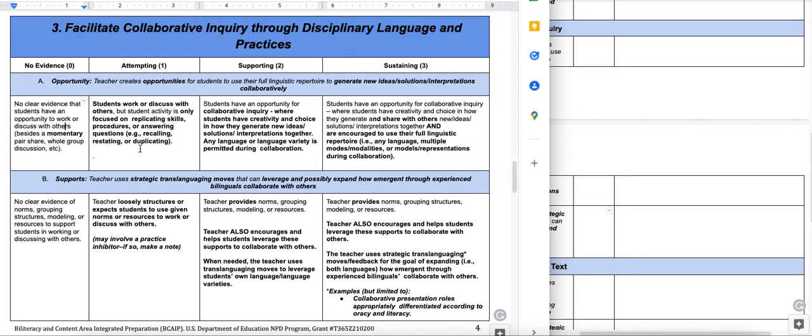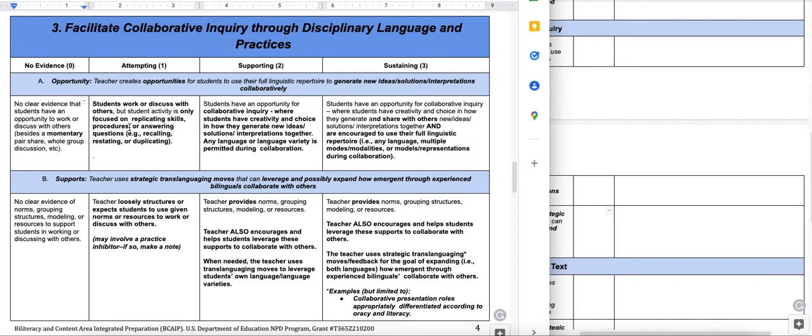Okay, so here we're seeing that more skill drill type of activity where students are not really getting to engage in that scrimmage, that authentic type of collaborative inquiry, but they are practicing skills and procedures in a more rote kind of way.